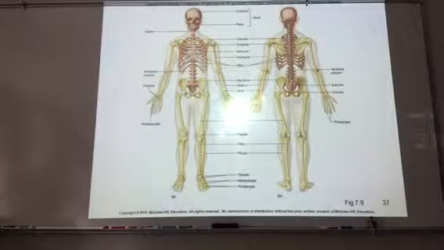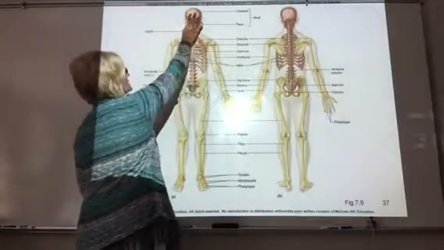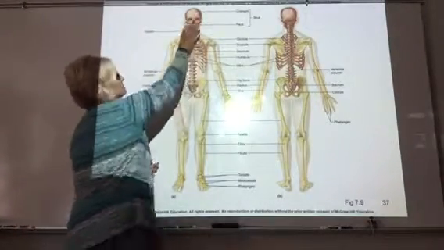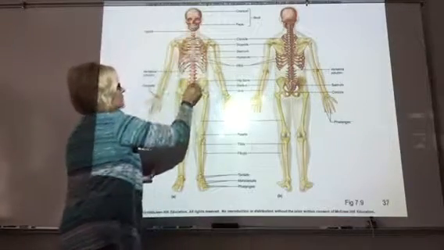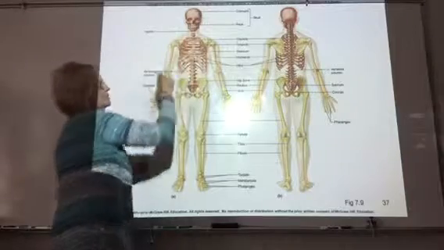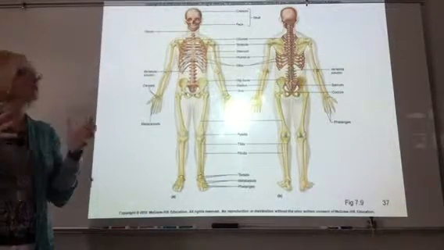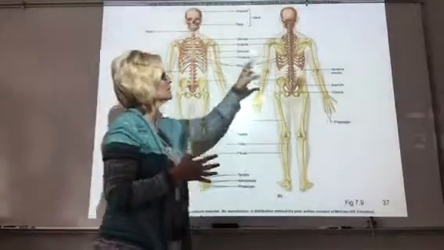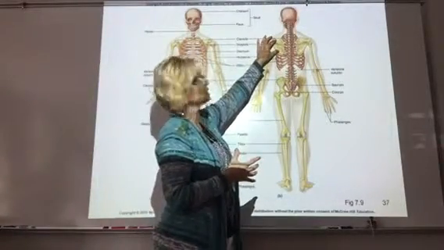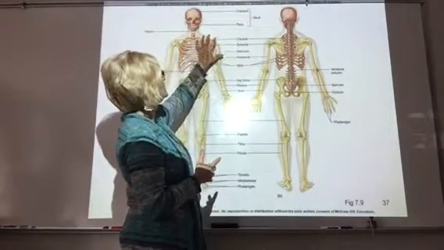So this is a very good picture because it color codes it for you. The axial skeleton is this orange part: head, vertebral column, basically your tailbone, and your rib cage. That is pretty much it. Everything that attaches, so here is my pectoral girdle, my shoulder blade, and my clavicle.